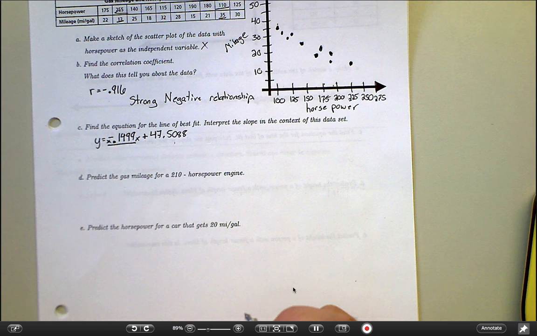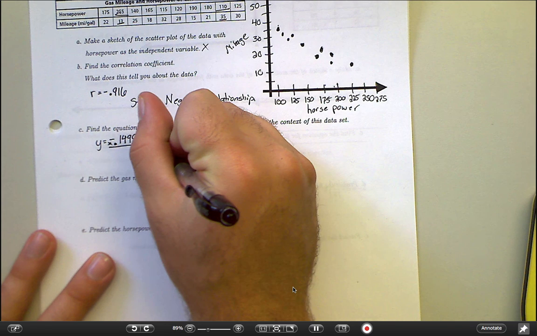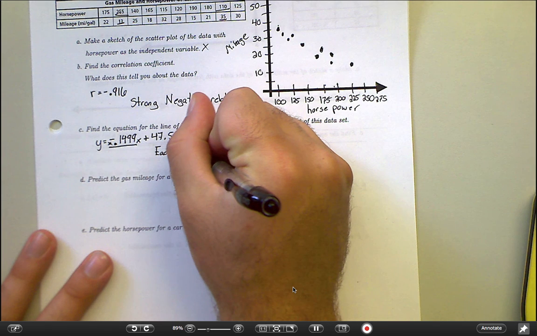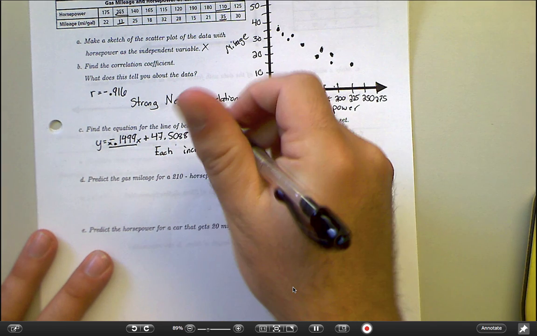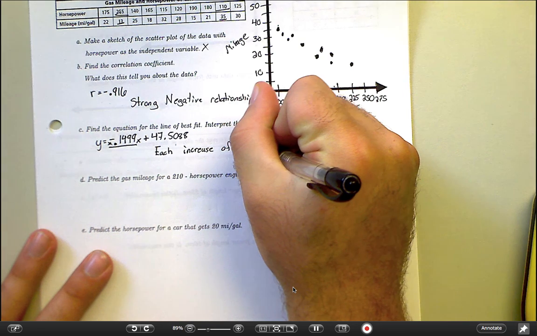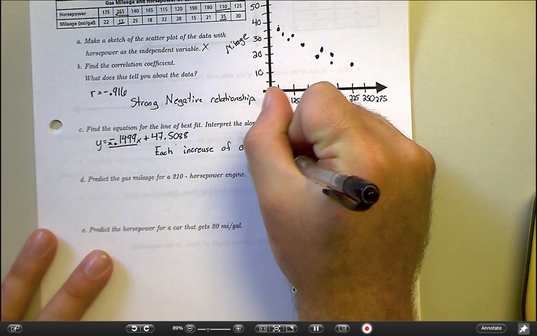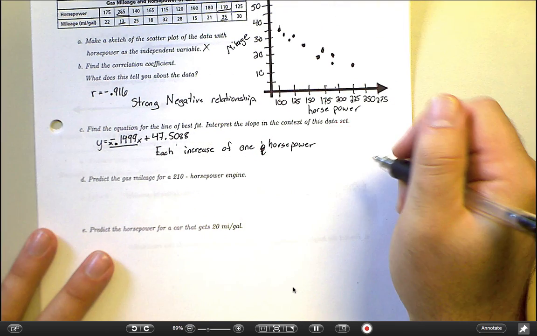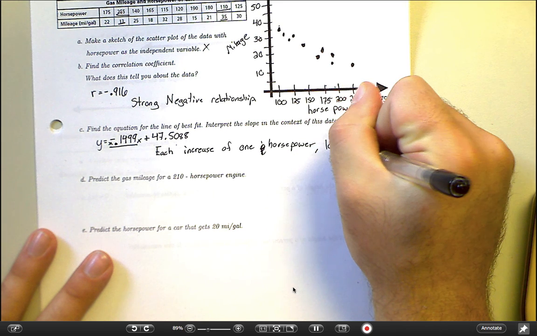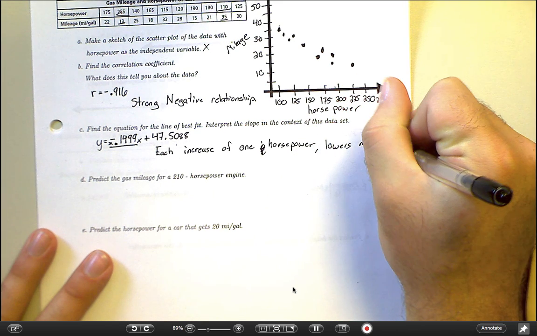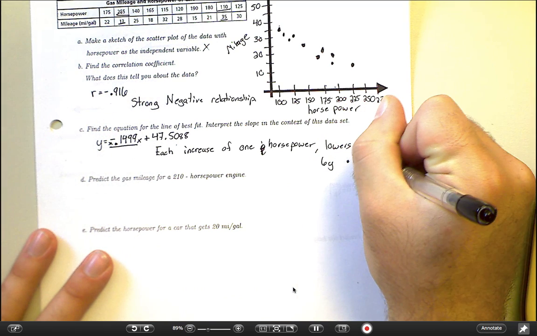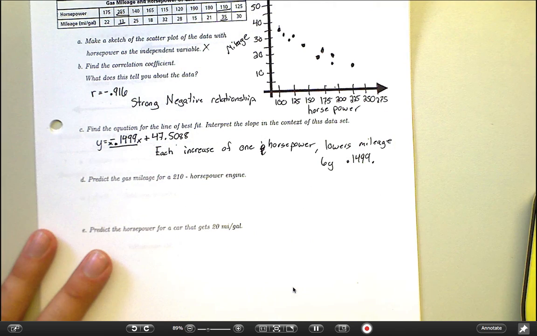And so what we're going to say, and this is one of those sentences we use and we just kind of switch out what the variables mean, is we're going to say that each increase of 1 horsepower, that's our first variable, lowers mileage by 0.1499. Okay? And again, that sentence is something that we're going to use quite often.